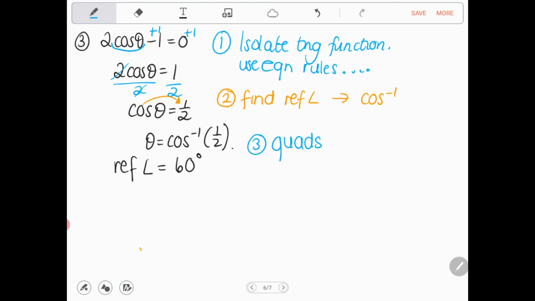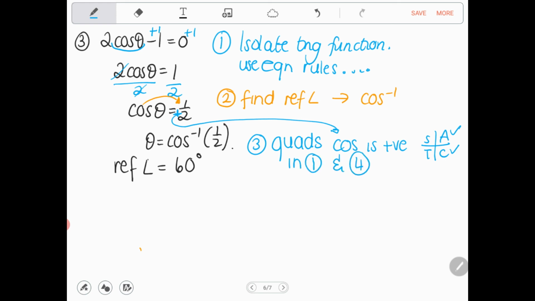If I look at the line before I did the arc cos, there is a positive in front. So cos is positive in quadrants 1 and 4.